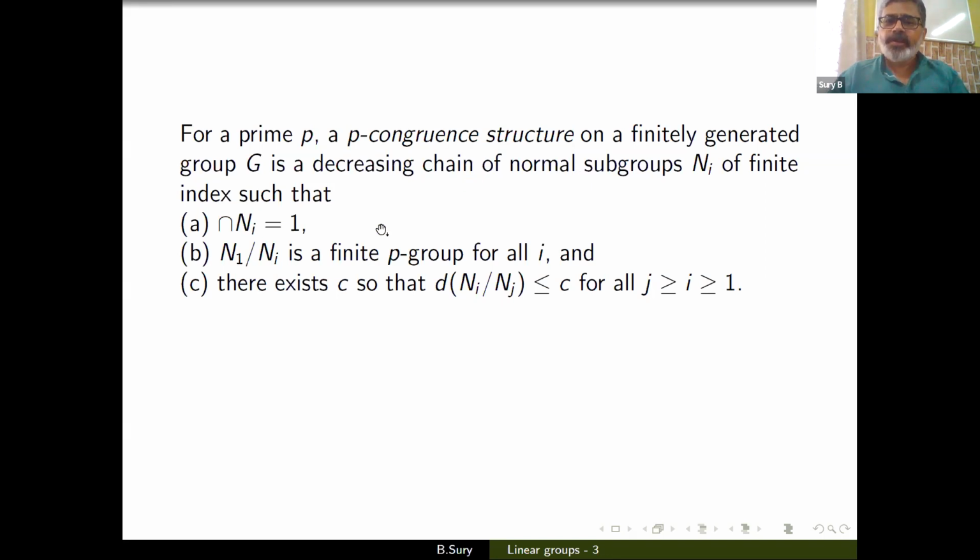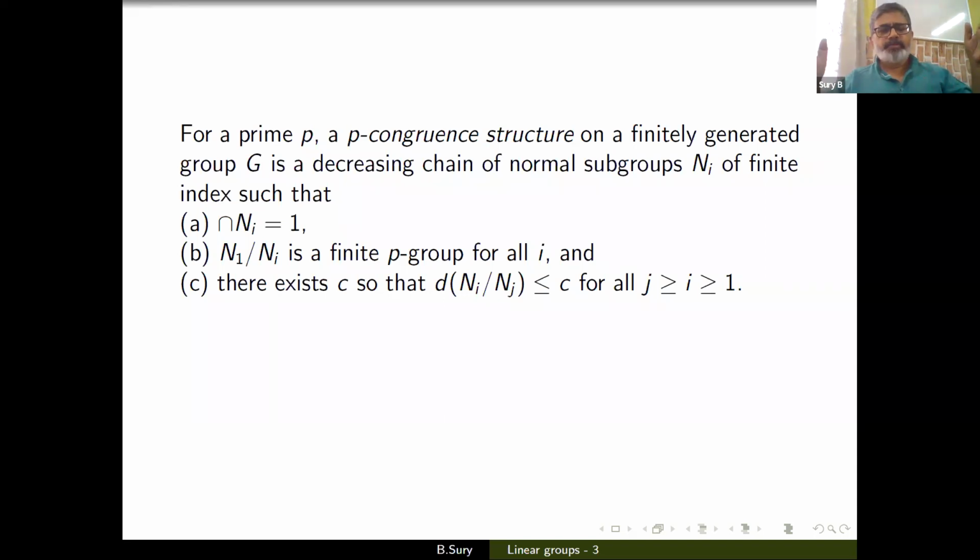A P-congruent structure simply means we have a decreasing chain of normal subgroups N1, N2, etc. G contains N1, contains N2, contains N3, a chain like that. Each Ni is normal in the full group G, and they are decreasing in such a way that the intersection has nothing except the identity element. And not only that, N1 by Ni is a finite group of P-power order.